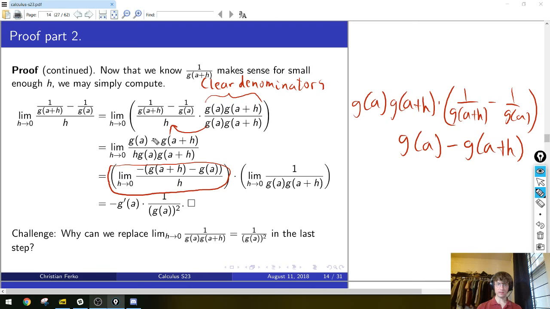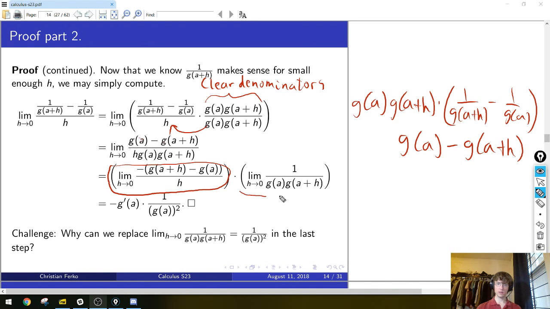And the first limit, up to a minus sign, notice g of a plus h and g of a are in the wrong order upstairs for it to be a derivative. The derivative is supposed to be g of a plus h minus g of a, but you can just factor out a minus sign. So if I factor out a minus sign, this first piece is just the derivative at a, and we have assumed that that limit exists because g is differentiable.